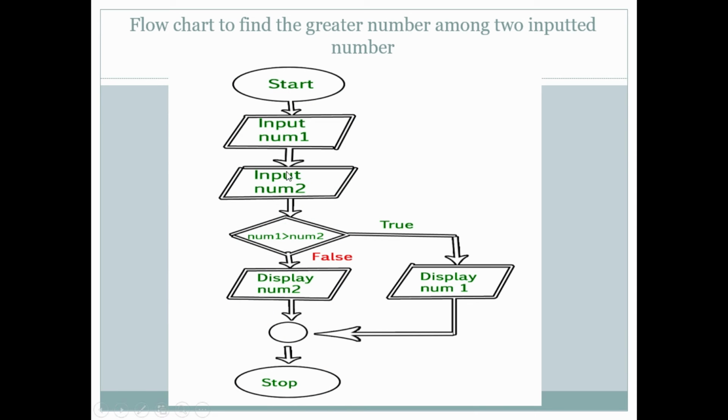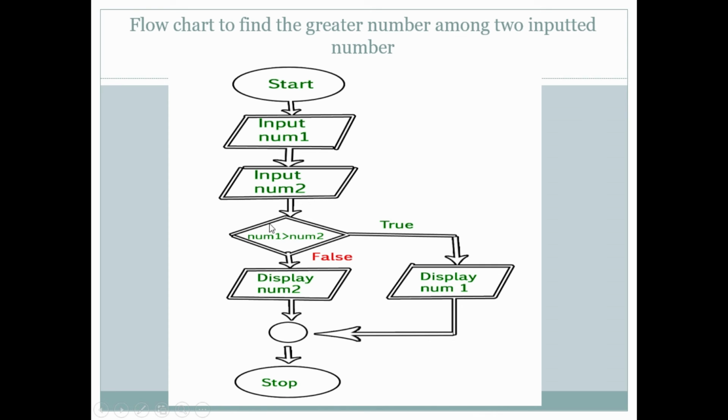Here I am explaining the flowchart for finding the greater number among any two inputted numbers. Here I have started my program. In the second step I take a number and put the value in num1 and another value in num2.